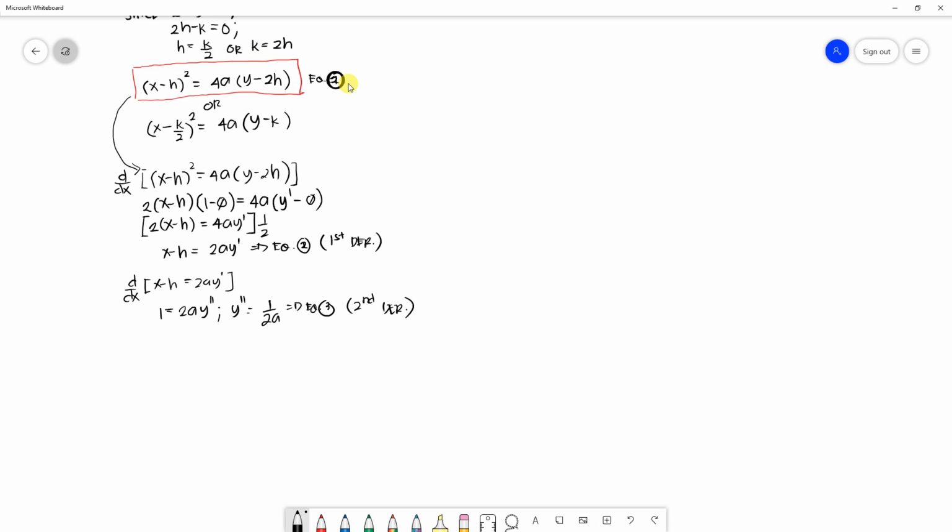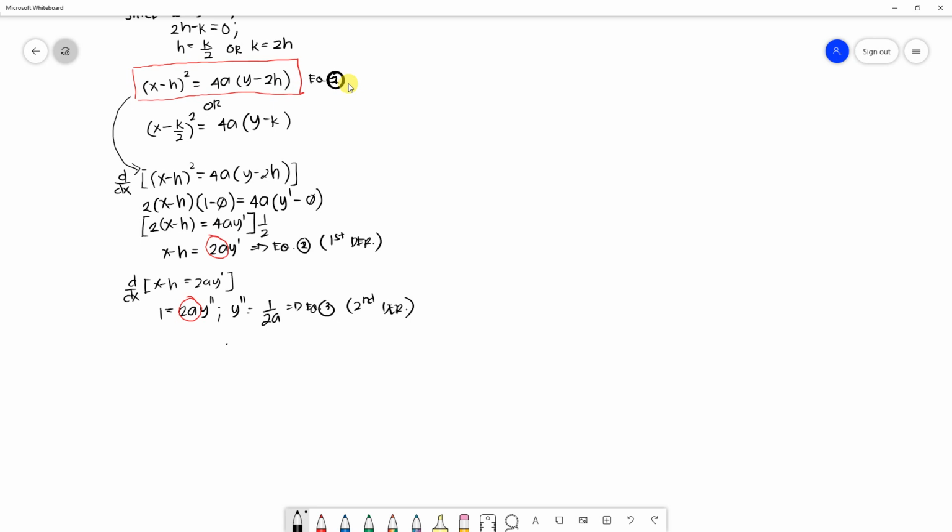Okay, now we're going to substitute or equate the different equations para matanggal na yung mga arbitrary constants. If I'm going to use equation 3 sa equation 2, si 2a pala yung common nila. Palabasin ko muna yung 2a.